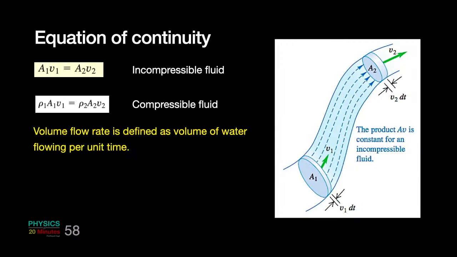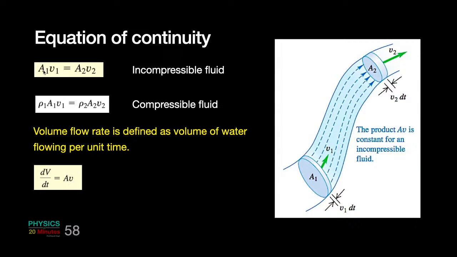The other term that we will normally encounter while solving problems is volume flow rate. Volume flow rate is defined as the volume of water flowing per unit time. So we have seen it earlier. It can be defined as dV by dt. So dV by dt is nothing but area into velocity.